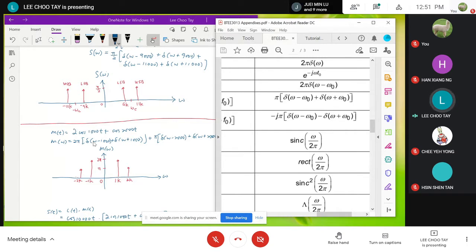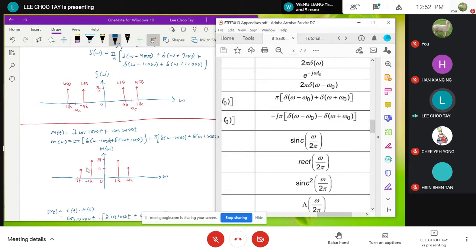So there's 2π[δ(ω − 1000) + δ(ω + 1000)]. And then for this cos 2000t, the amplitude is 1, so it's just π in the frequency domain. So π will be [δ(ω − 2000) + δ(ω + 2000)].